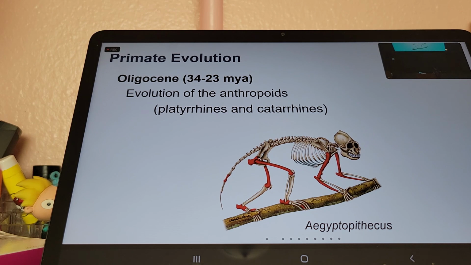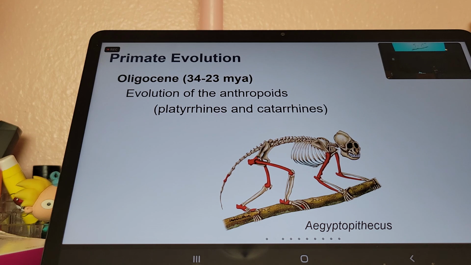So in this time period, the Oligocene, we see the evolution of the ancestors of both the platyrrhines, or the monkeys of the Americas, and the catarrhines, the monkeys of Africa and Asia, as well as apes and our ancestors as well.